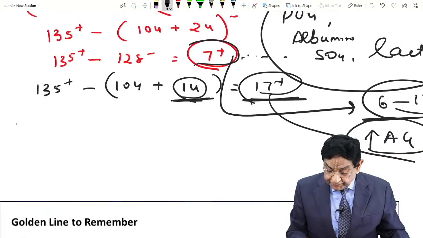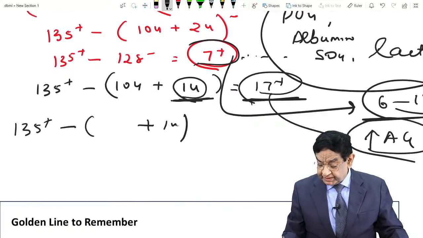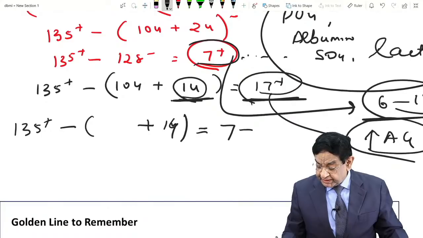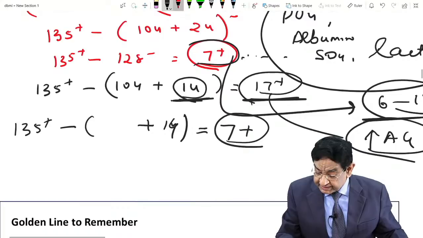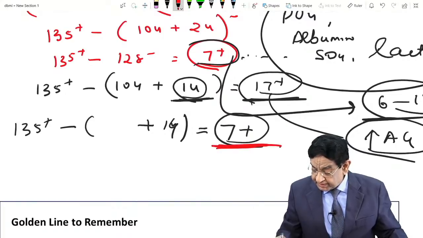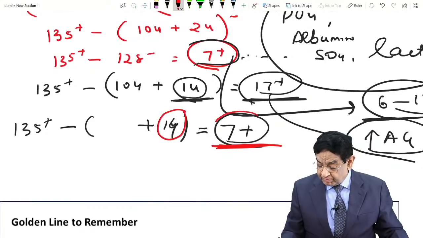Now suppose we got one patient whose sodium is 135, his bicarb is 14. 14 means metabolic acidosis. But I want his anion gap to be a normal 7. Is it possible to have a metabolic acidosis and a normal anion gap?